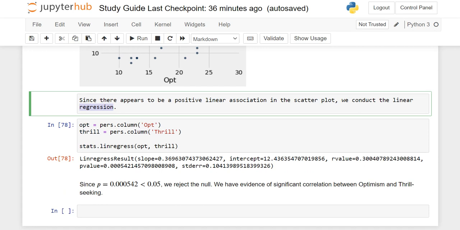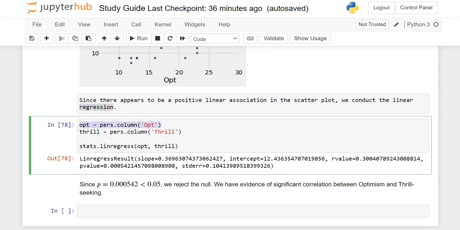All I did was take the optimism column and make it an array called opt, and the thrill-seeking column I made an array called thrill, and I put opt on the x-axis. Why? Because in the scatter plot, optimism was on the x-axis. So this will match up our results if we do them in the same order.